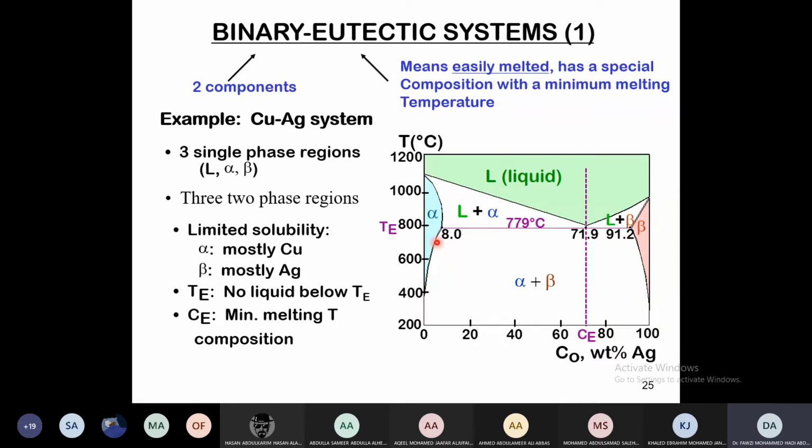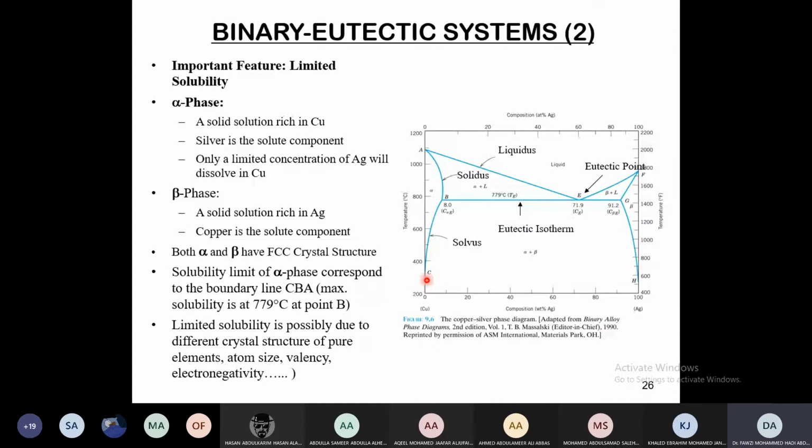The phase diagram gives us letters. It's better to look at this, this is the limit. It goes from C, B, A. That line gives the solubility limit of the silver in the copper basically, or in the alpha solid solution.